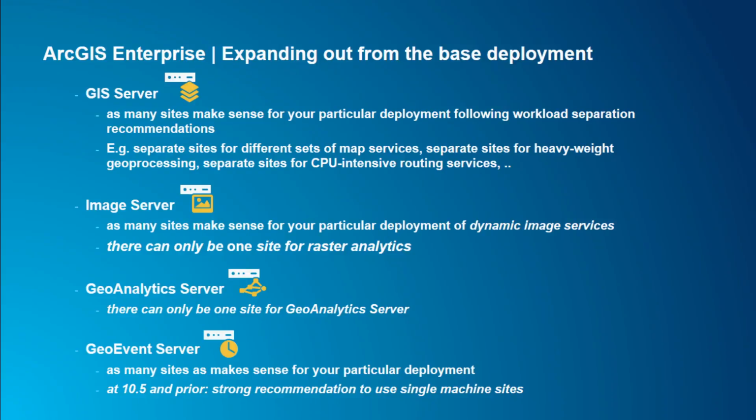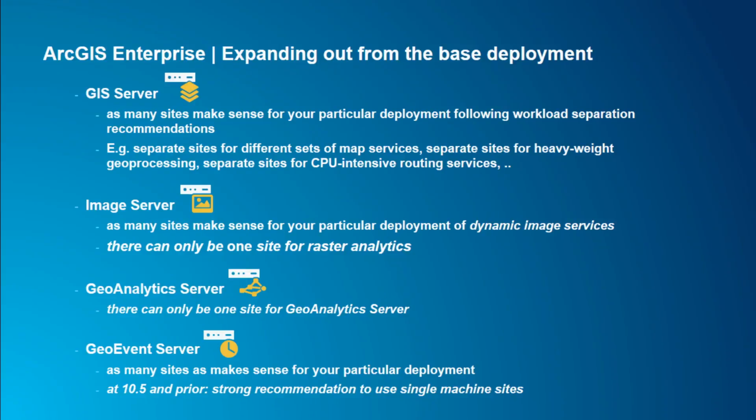The GIS server is what all of you already have today. This is traditional ArcGIS Server. And you can create as many server sites for the GIS server as you need, as many or as few. And like I said, it can depend on exactly the types of services that you have, the different SLAs you may have.